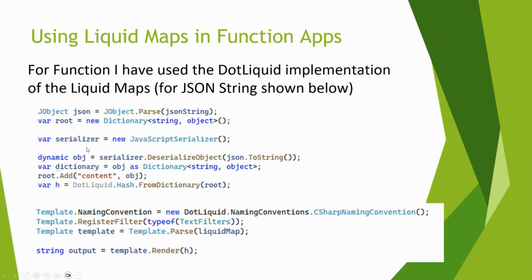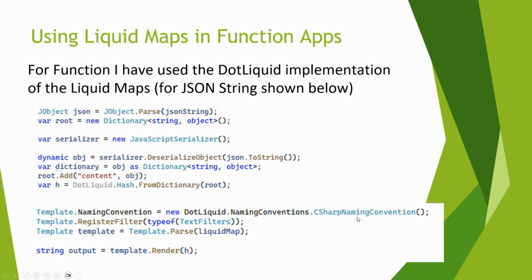So basically, in this example, the code shows that we're parsing a JSON string, creating a dictionary, using the JavaScript serializer to add that to a hash dictionary that Liquid is going to use. Then we load up our template into a string, we parse that template, and then we render that template. This is where I'm registering my text filters if I'm using those.